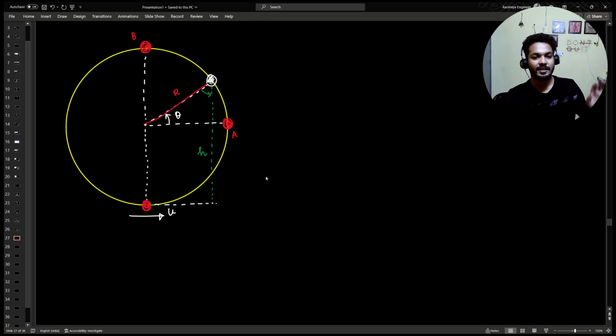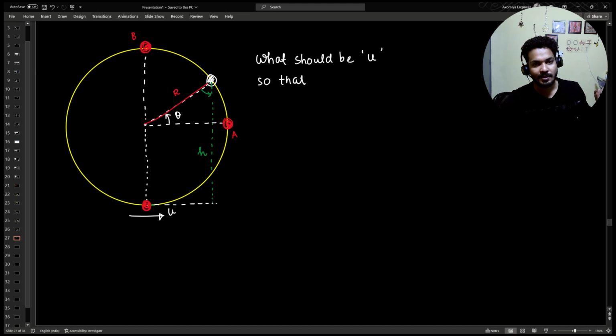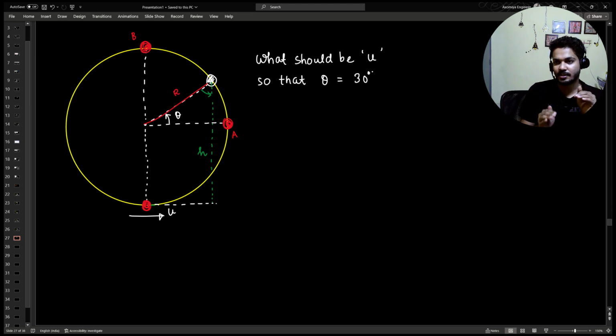Paste it here. Again I have a question for you. What should be the value of u so that theta becomes equal to 30 degrees? I hope you understood the question.